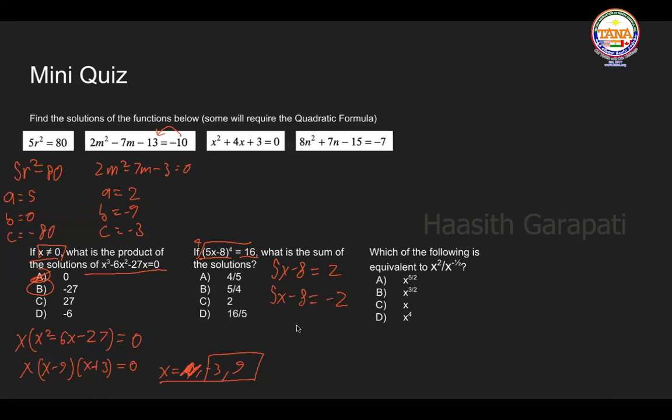Okay, so the two solutions we end up with are x is equal to 2, and we also end up with x is equal to 6 over 5. So the sum of these solutions, just some fractional addition you have to do. The correct option is going to be D.